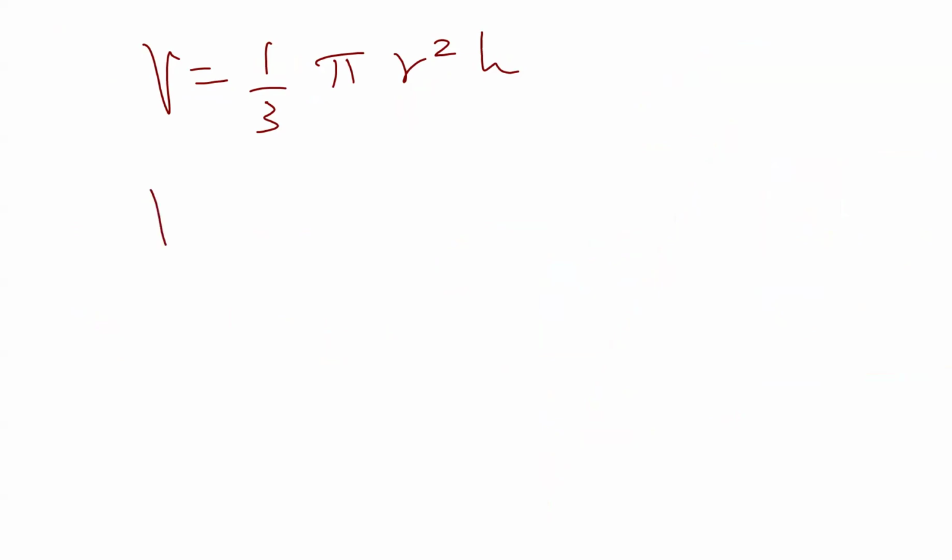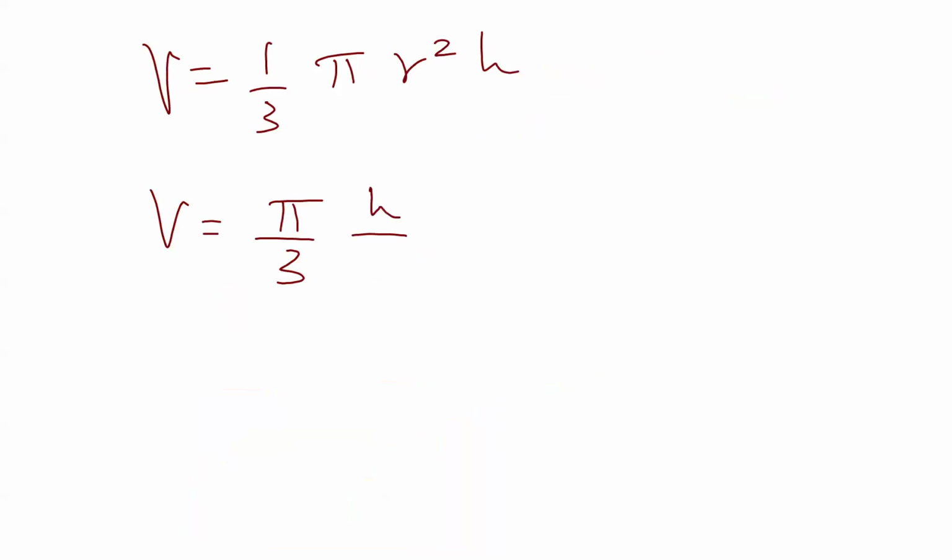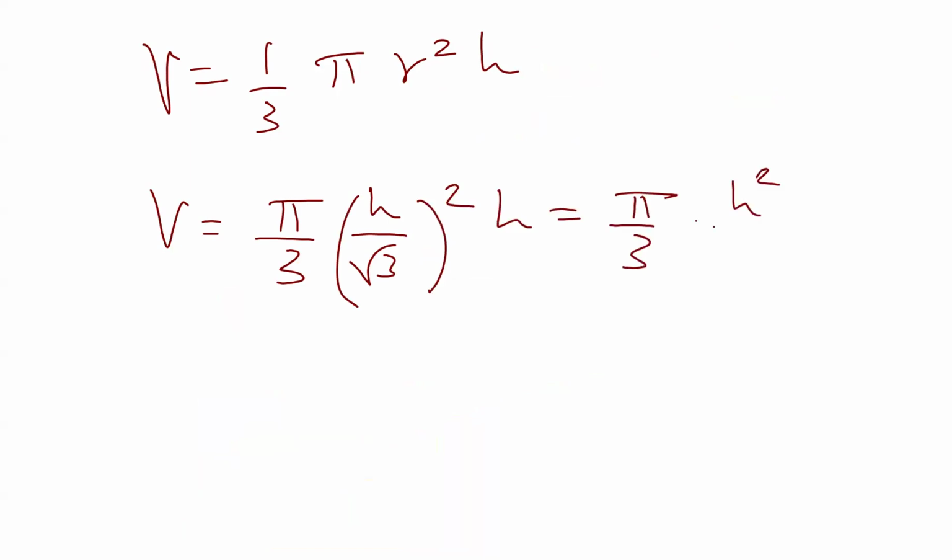Now replace r. What is r? R is h by root 3. So h by root 3, the whole square into h, which is pi by 3, h square by 3 into h. So volume is equal to pi by 9 h cube.